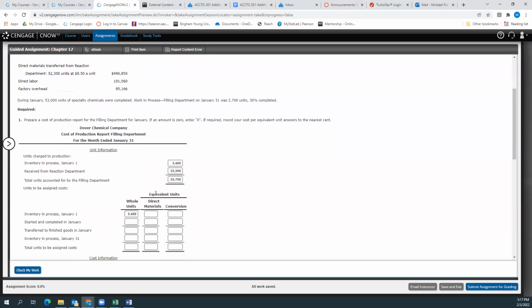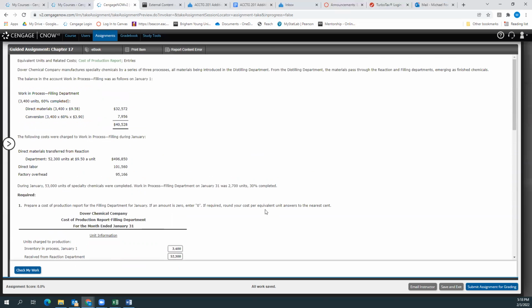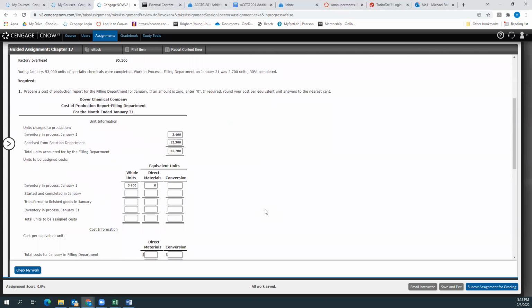So the 3,400 units sitting there in inventory have already had all of the direct materials put into them. So we're going to say that this has equivalent units of 0 direct materials, because we don't put the direct materials in the filling department, that's already done.